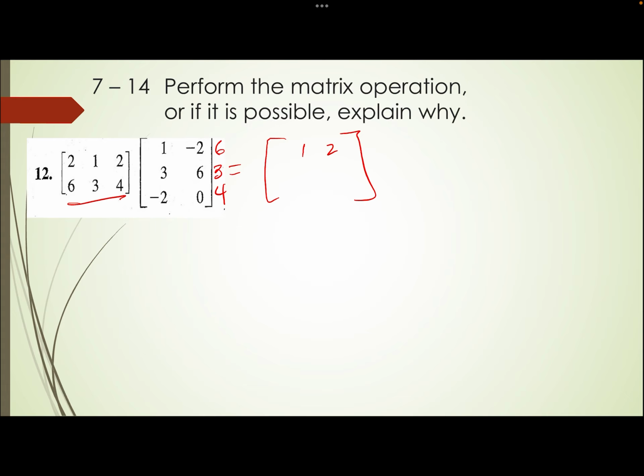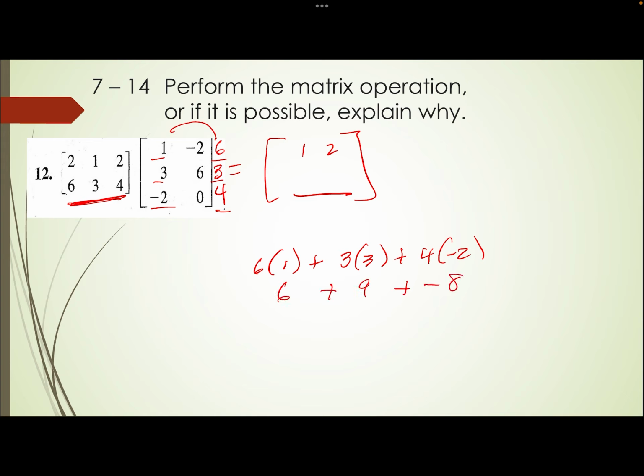Do the same thing. But now, because I'm on row 2, my answers are going to go in row 2. So I go 6 times 1 plus 3 times 3 plus 4 times negative 2. See, each one of these, the corresponding parts go together. And I get 6 plus 9 and negative 8. And this gives me 1 plus 6 gives me 7. And that goes here.